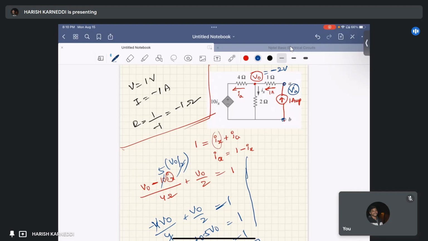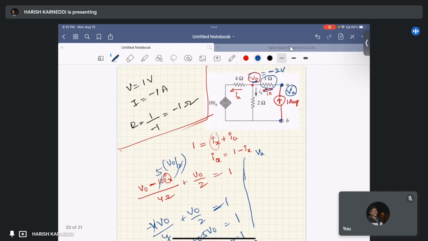That we want, this VA. We can write it like this, right? We can subtract the drop across this 1 ohm from this V naught.